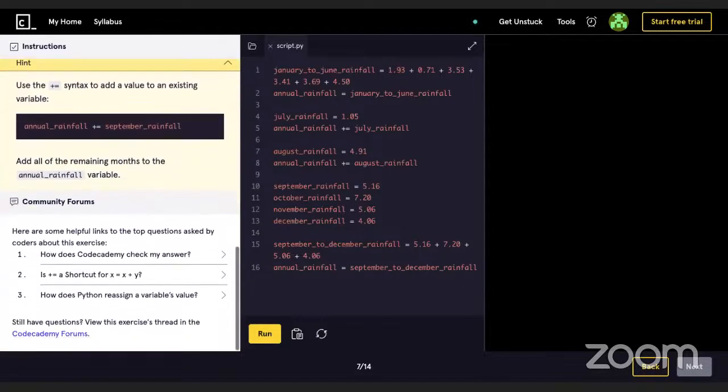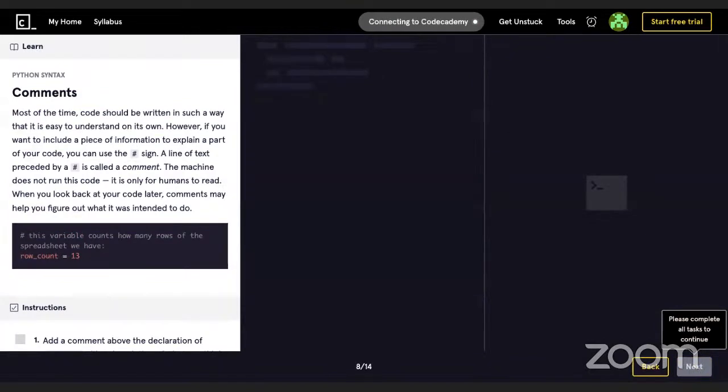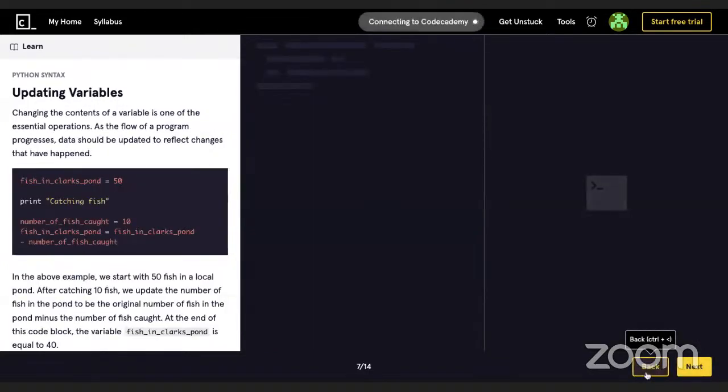After rainfall, and then before the equals, you need to put a plus, the plus sign. There. That's good. Okay. Can we run it now? There. Okay. Can you go back one step? Click on back button.